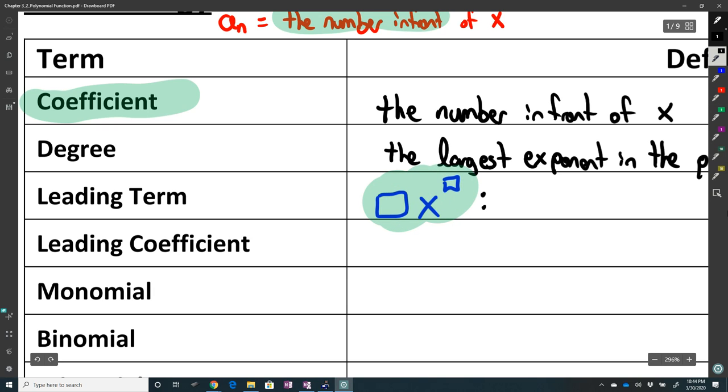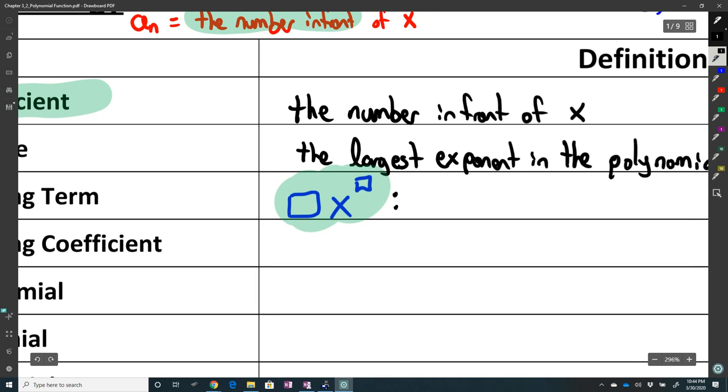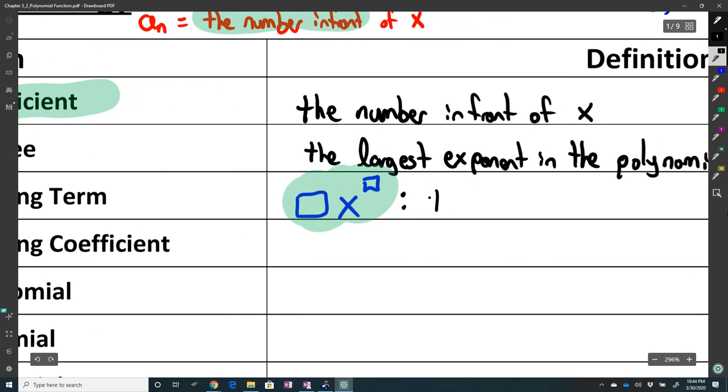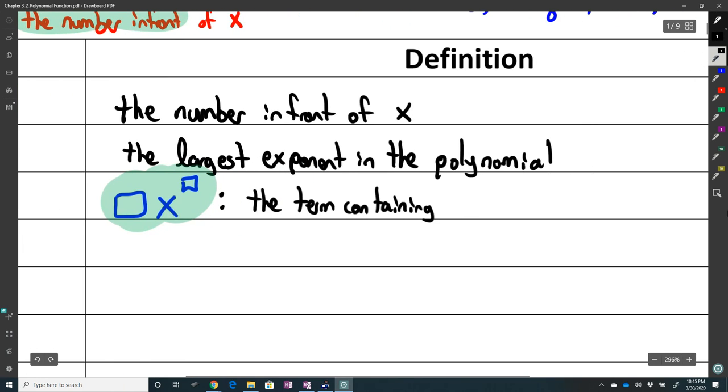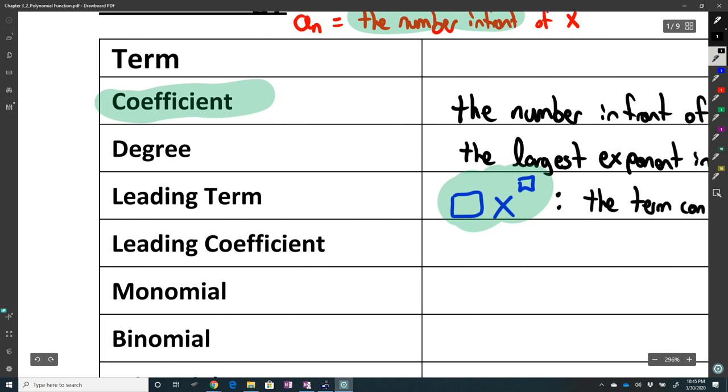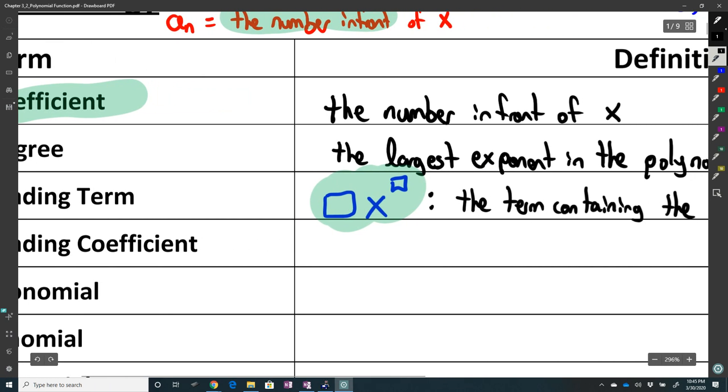Now, the leading term is the term with the largest exponent. Okay, leading coefficient is just the coefficient of the leading term.